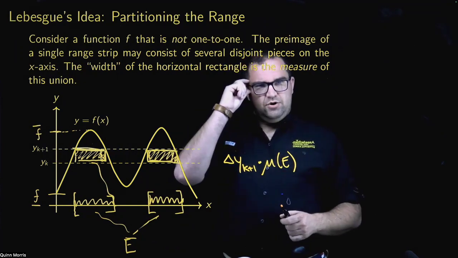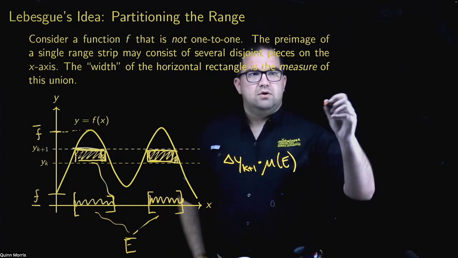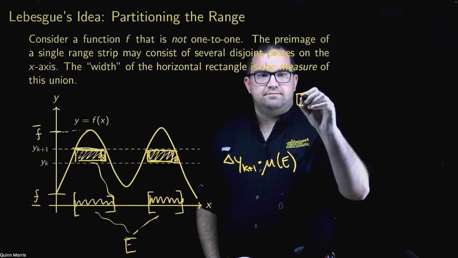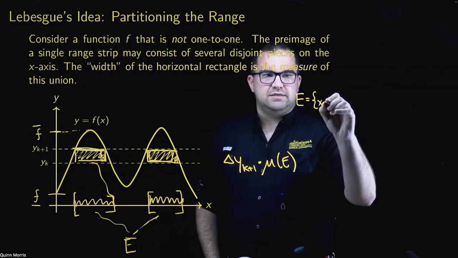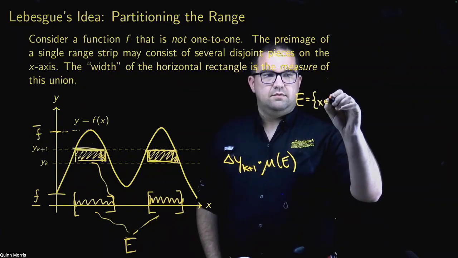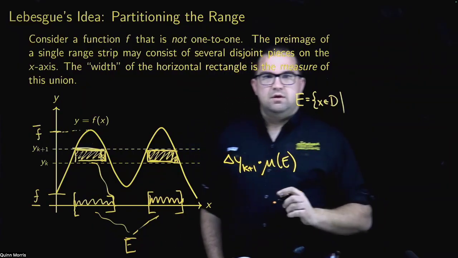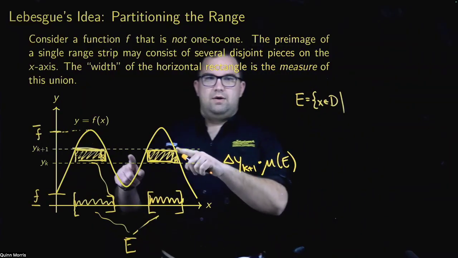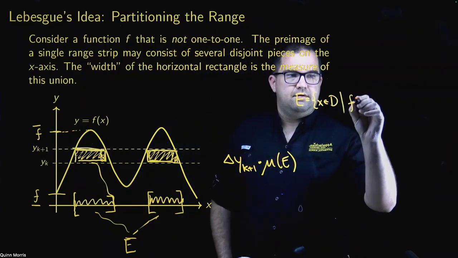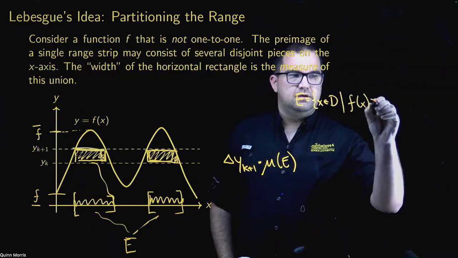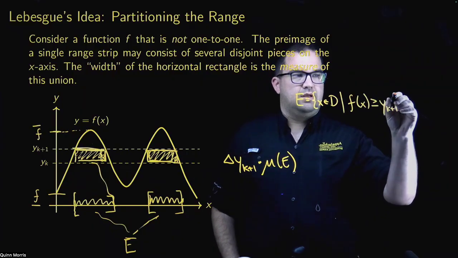But if I start to think a little more generally about what this E represents, it is the set of all x in my domain D such that f of x is greater than or equal to, in this case, y sub k plus 1.